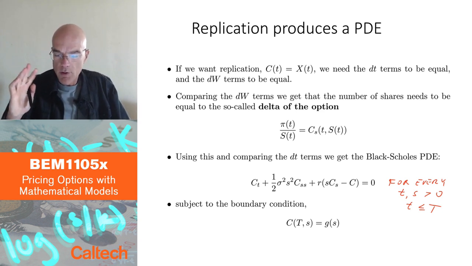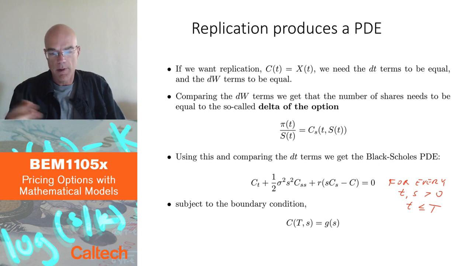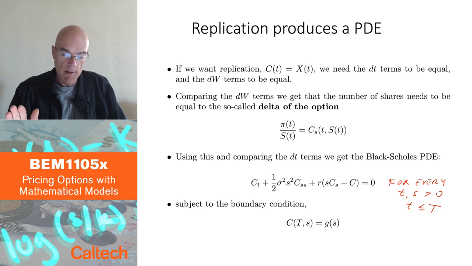But for educational purposes, it is better for us to think in terms of replicating the option rather than replicating other assets. Right, to recap these two slides, what Black and Scholes did, they knew about Ito's rule. Ito's rule wasn't that old at that time.